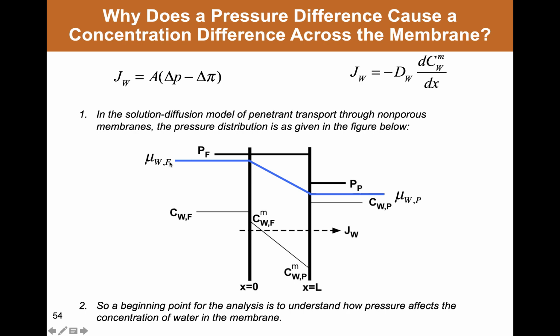And we note the pressure profile across the membrane, what must be the concentration profile to drive transport by Fickian diffusion, and also now introduce the concept that at the solution polymer interface, both on the feed side and the permeate side, we have to have continuity in chemical potential.